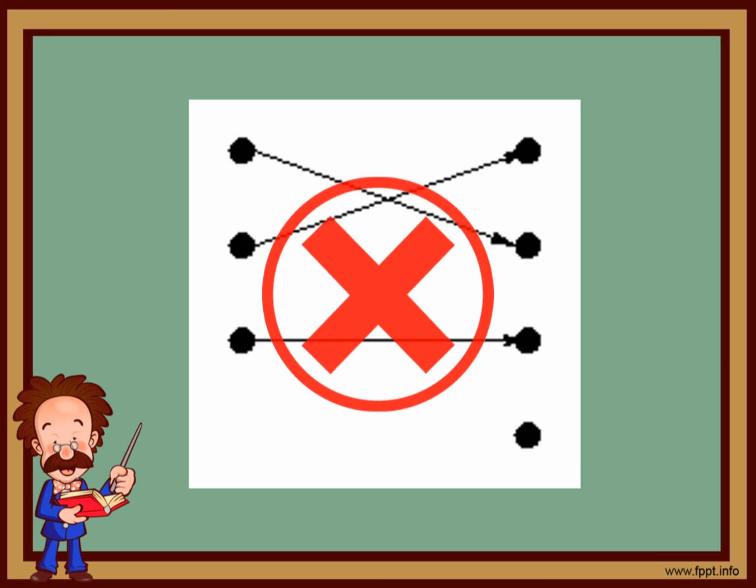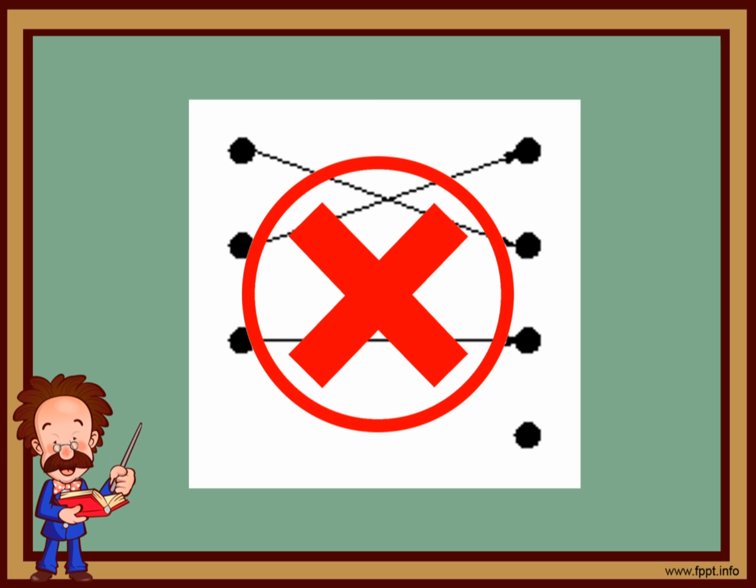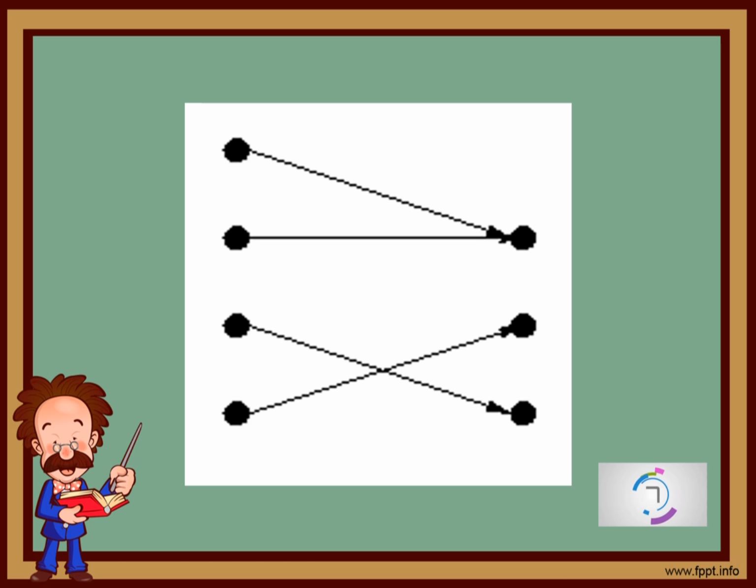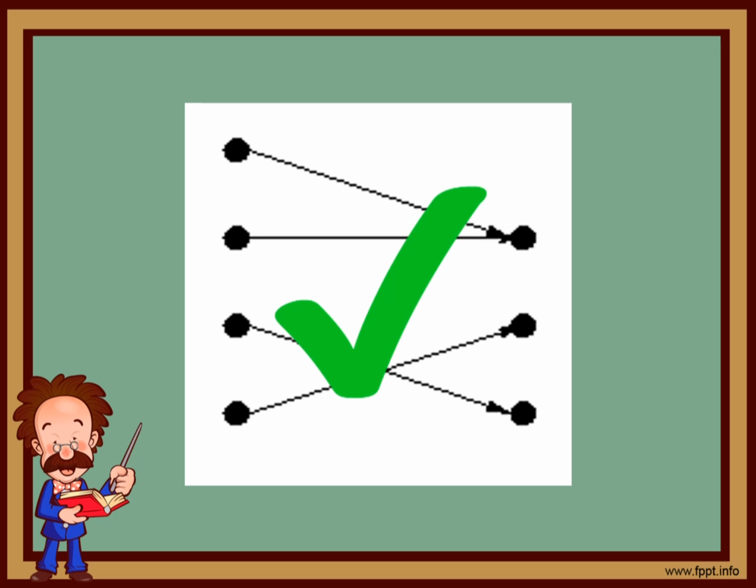Not onto, because one value on the right does not correspond to any value on the left. They are onto because all values on the right correspond to a certain value on the left.